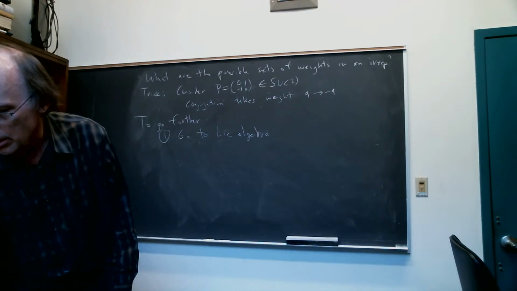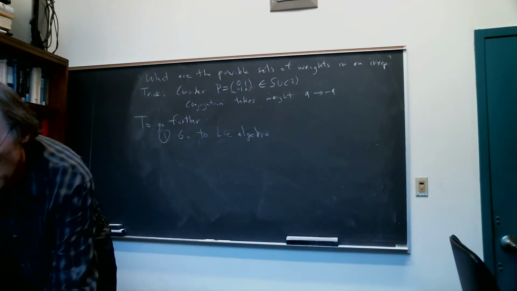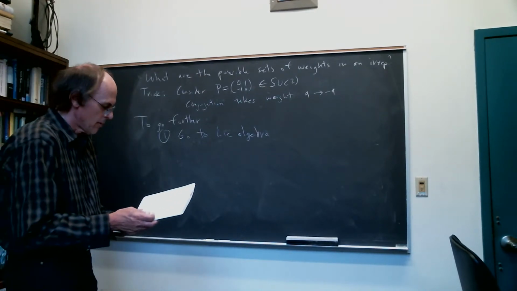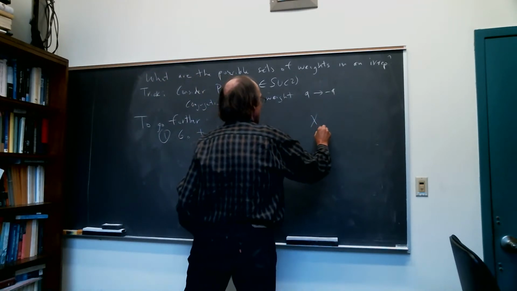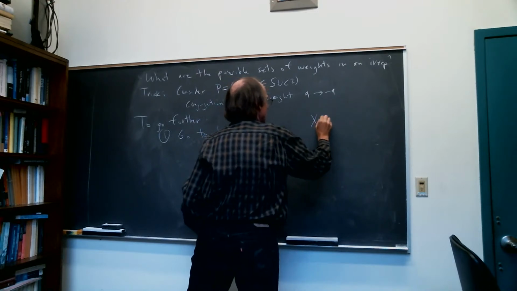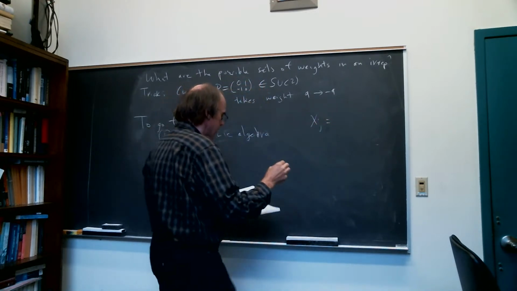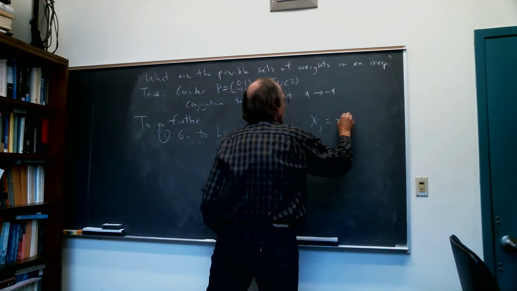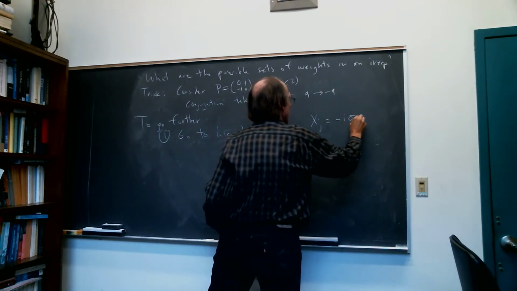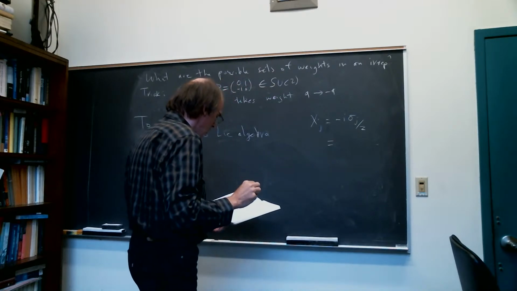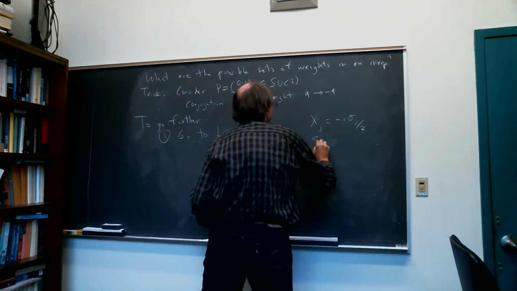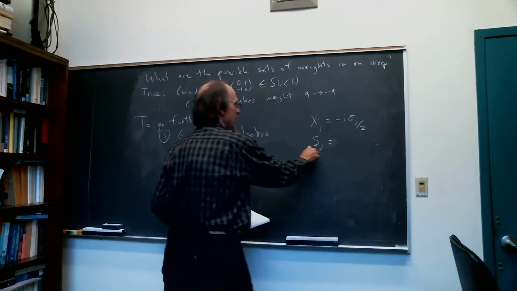So what did I do? In the Lie algebra I had xj, which was minus i sigma j over 2, and sometimes I would use sj's.